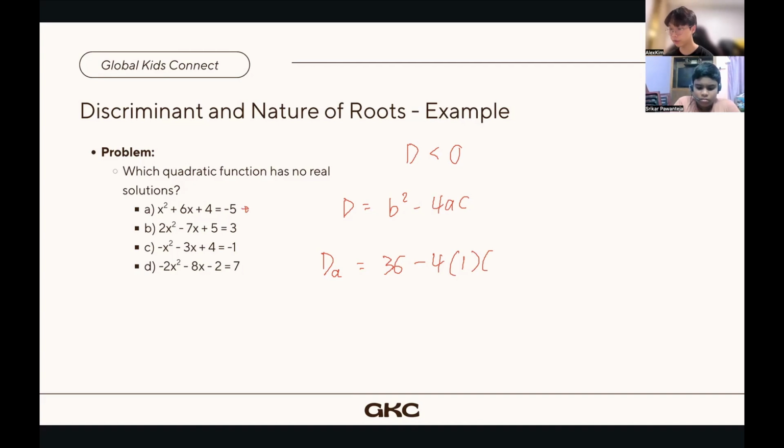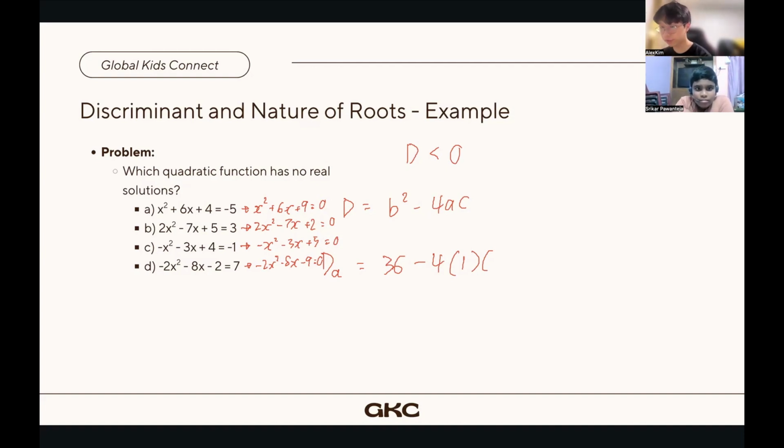So we have to move these around so that we get 6x plus 9. The second equation we must rewrite as plus 2. The third equation we must rewrite as plus 5. And the fourth equation we must write as minus 9. Knowing this, we can now find the actual discriminant values.